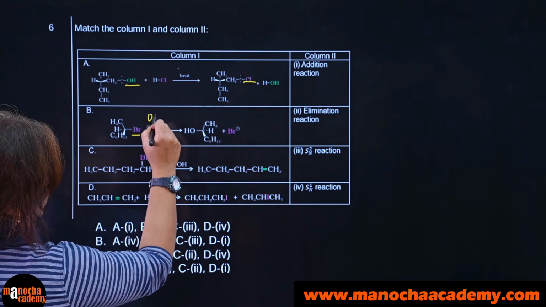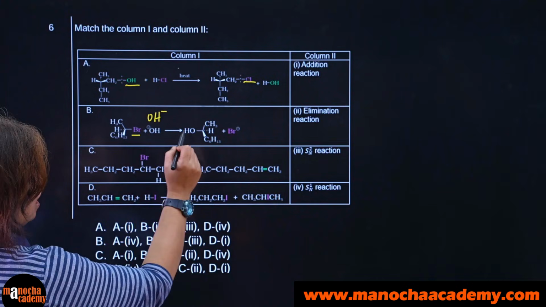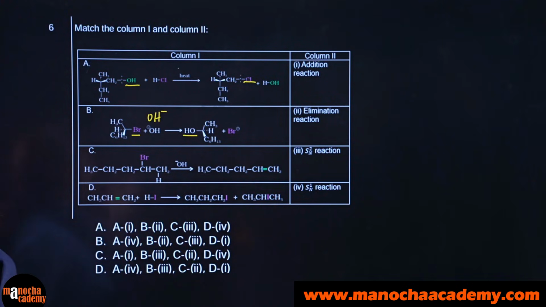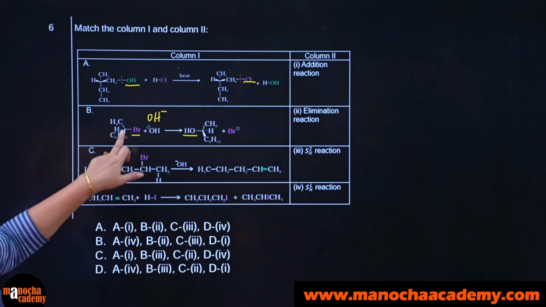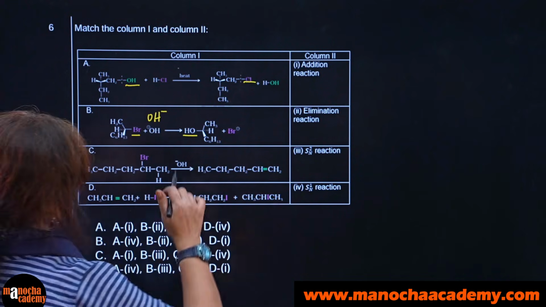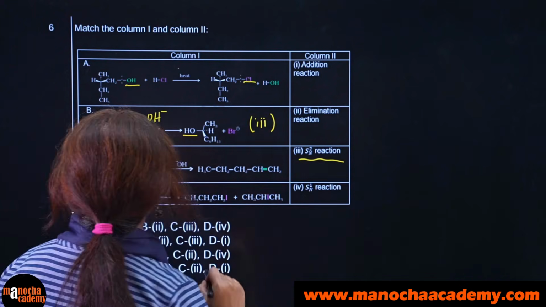Here OH minus is attacking, and instead of Br you are getting OH. Not only that, it is inversion of configuration. Have a look. Inversion of configuration means SN2. So B is 3, which is SN2.